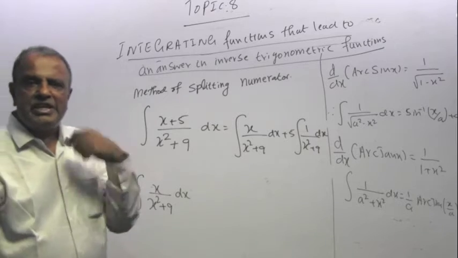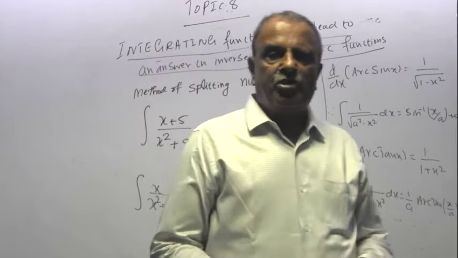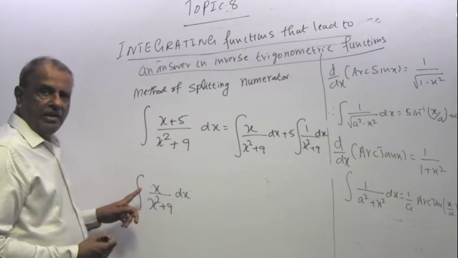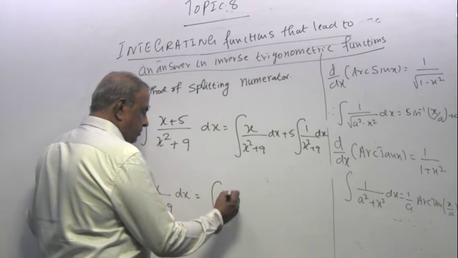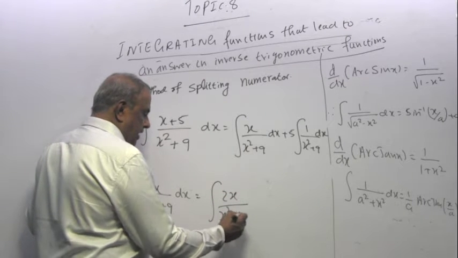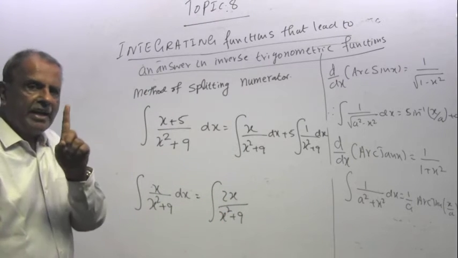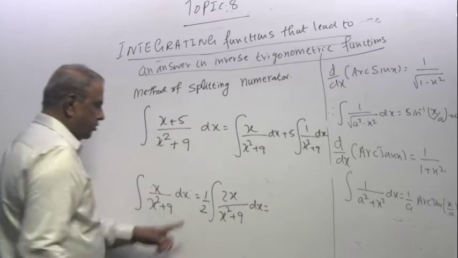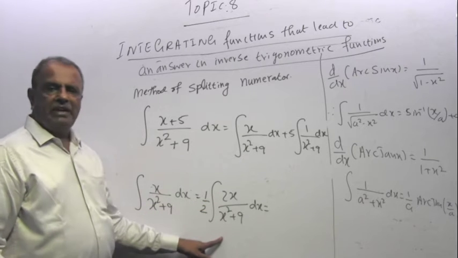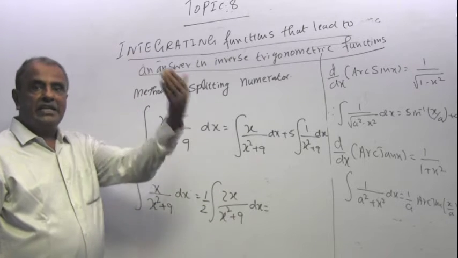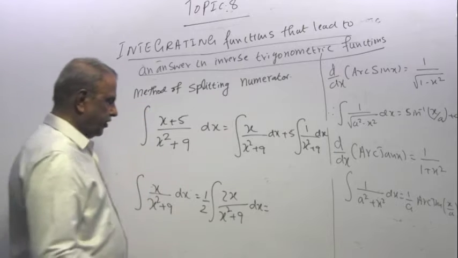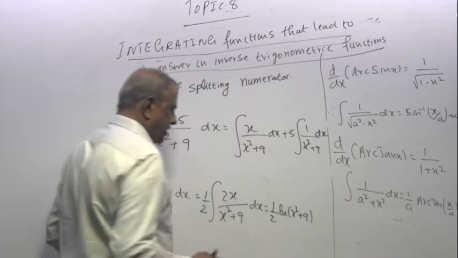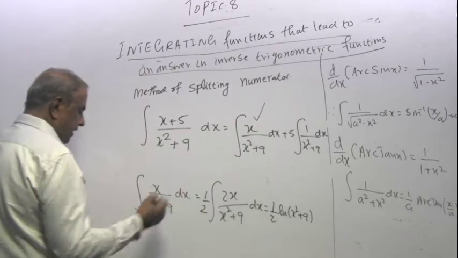Next, differentiate the denominator. What do you get? x squared plus 9, when you differentiate, you get 2x. What do I have in the numerator? x. How will I make it 2x? Multiply by 2, because remember, you can multiply or divide by a constant, not a variable. So I write a half. Here, the numerator is the exact derivative of the denominator. The integral of f dash of x over f of x is ln. So it is half ln of x squared plus 9. That is that integral. Let's look at the other one.